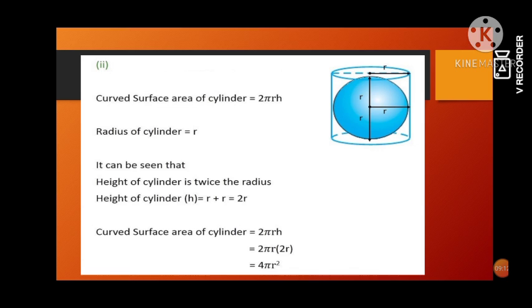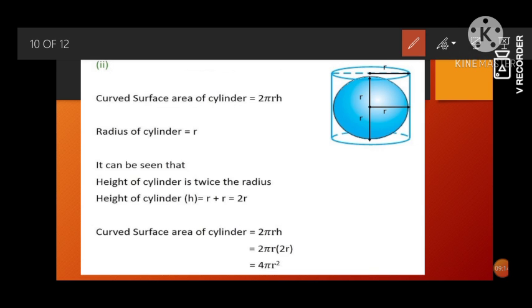Second subpart says we have to find the curved surface area of the cylinder. Now the formula for curved surface area of the cylinder is 2 pi r h. The radius of the cylinder is obviously the radius of the sphere, as the sphere is inside the cylinder and the maximum portion is covered. So the radius of the cylinder will be equals to the radius of the sphere, that is r.